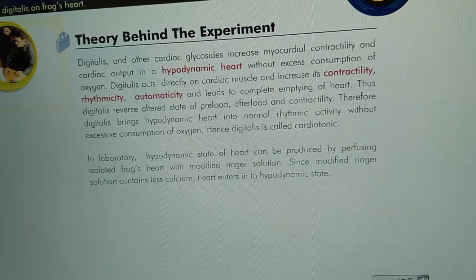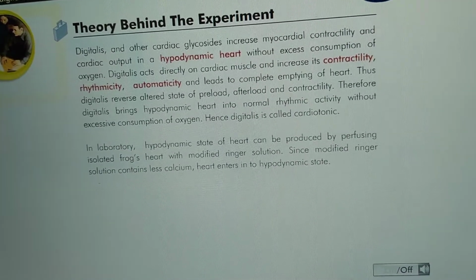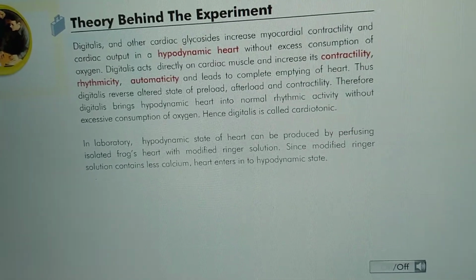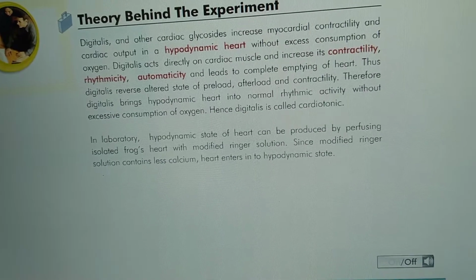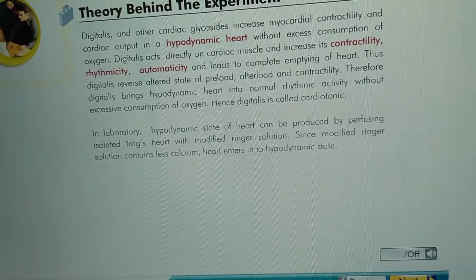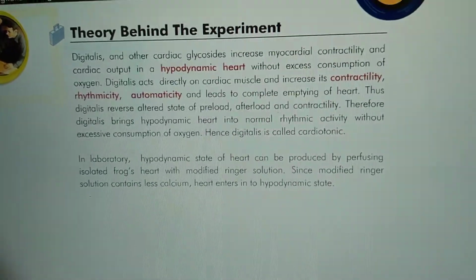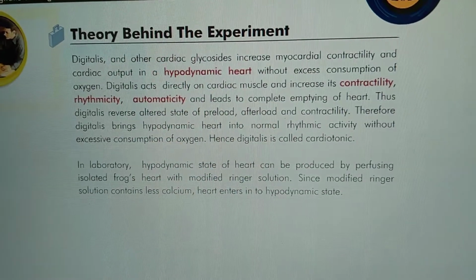Thus, Digitalis reverses the altered state of preload, afterload and contractility. Therefore, Digitalis brings the hypodynamic heart into normal rhythmic activity without excessive consumption of oxygen. Hence, Digitalis is called a cardiotonic.